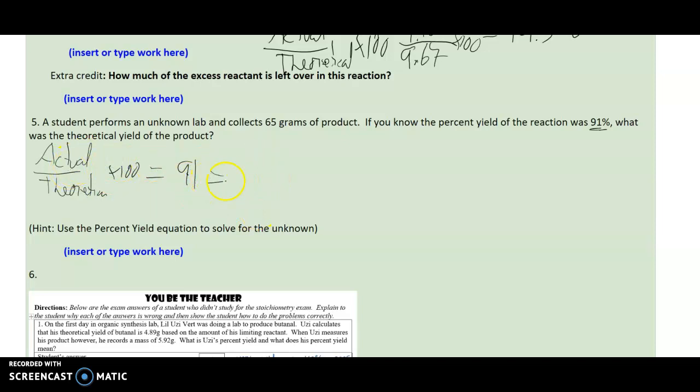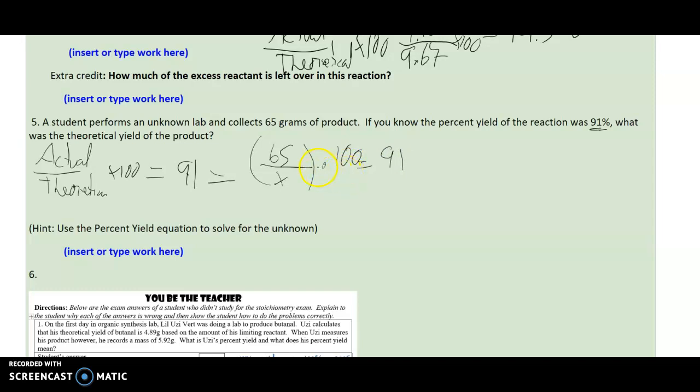So let's fill in what we do know. We know our actual, 65. We don't know our theoretical. We know that when we multiply it by 100, we are going to get 91.